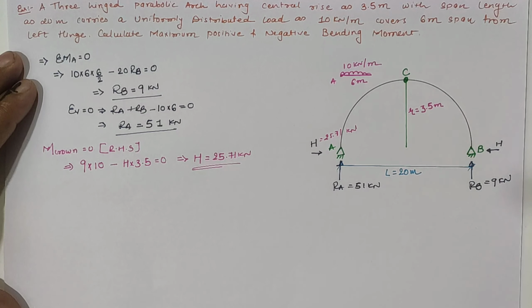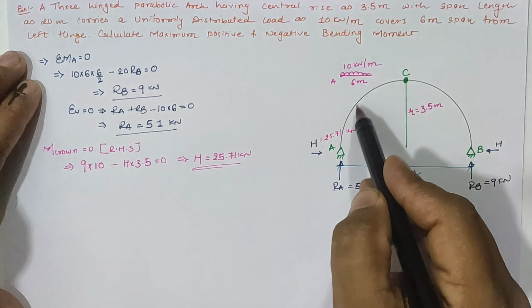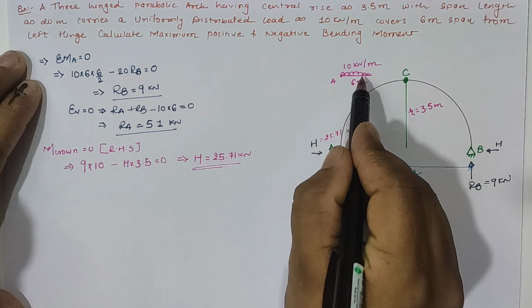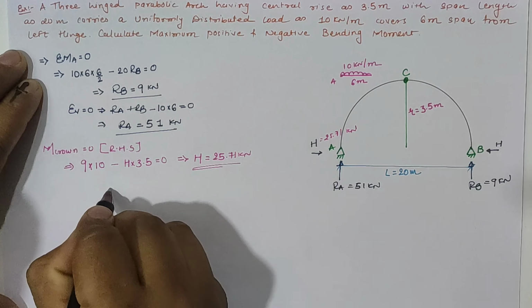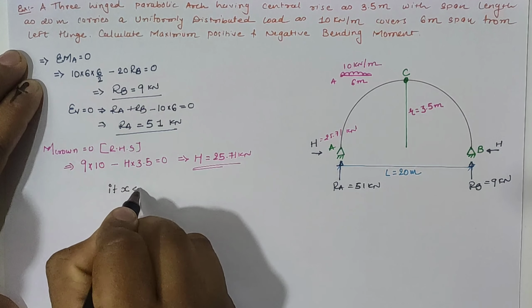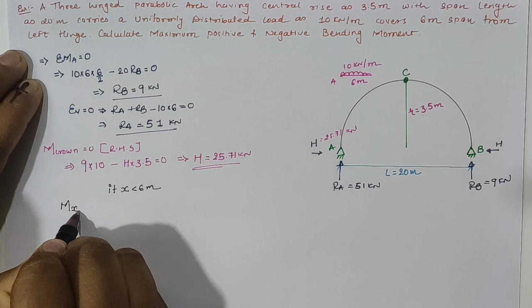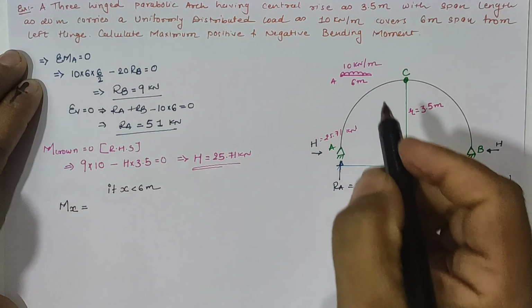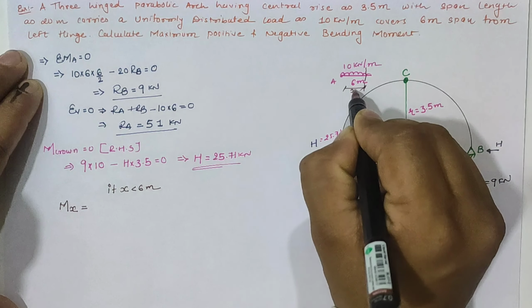Now first of all, we assume the maximum value on part A to C at distance x meter, which is less than 6 meter. If x is less than 6 meter, then moment at x can be calculated by taking the section at distance x meter.